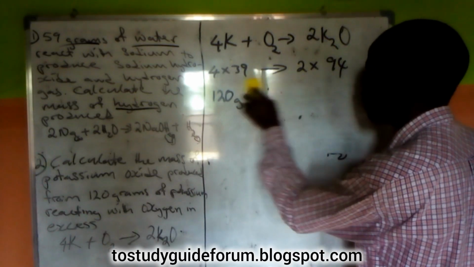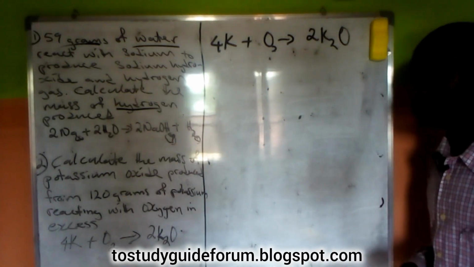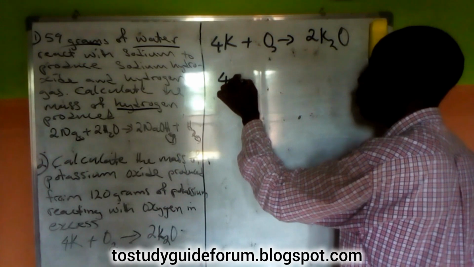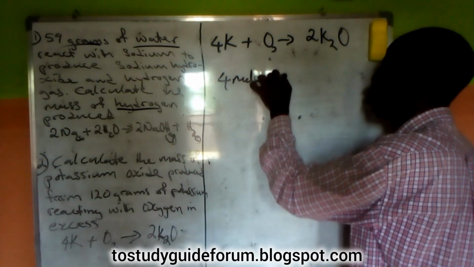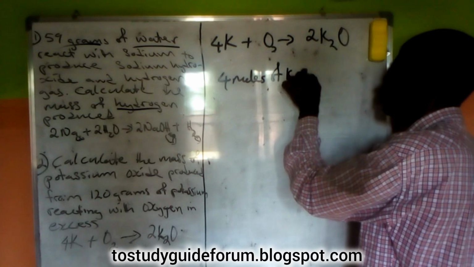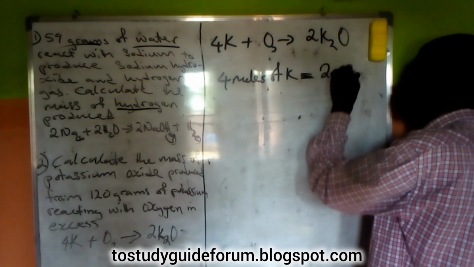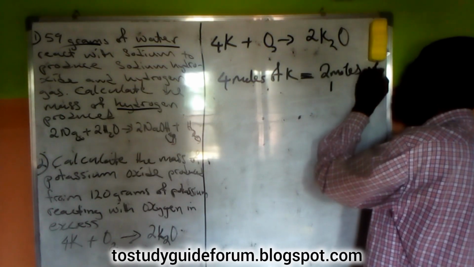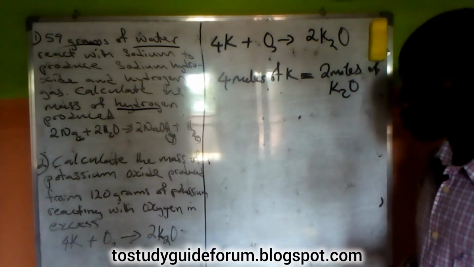In this case, we have done it using mass. The next one we're going to solve is using moles. We know that from this chemical equation, 4 moles of potassium will give us 2 moles of potassium oxide.